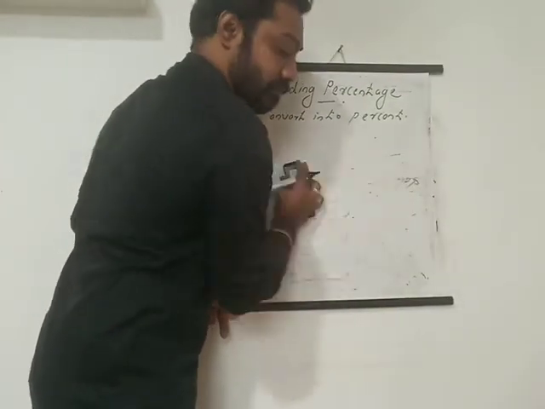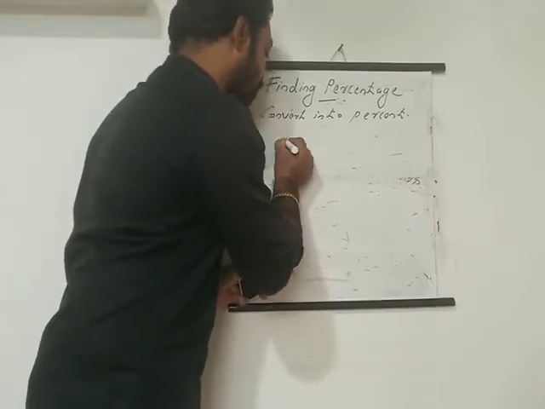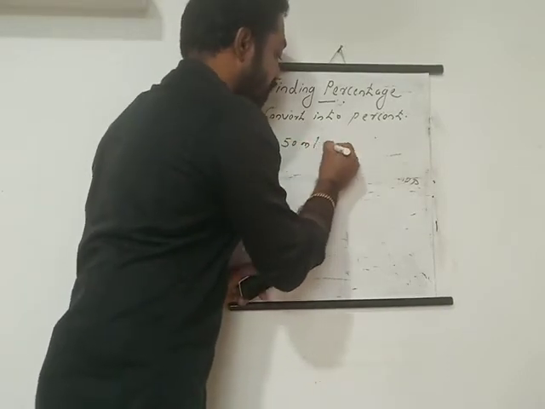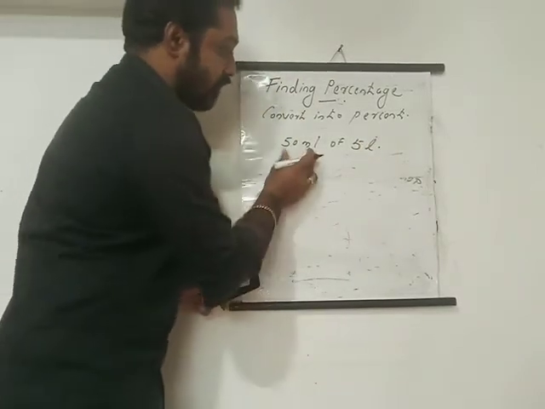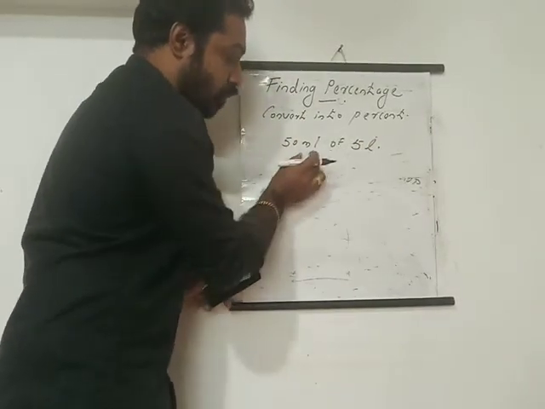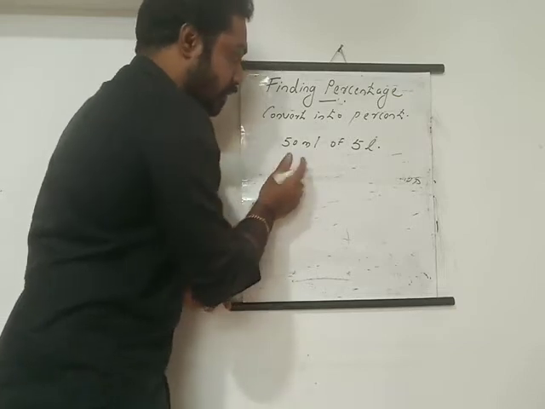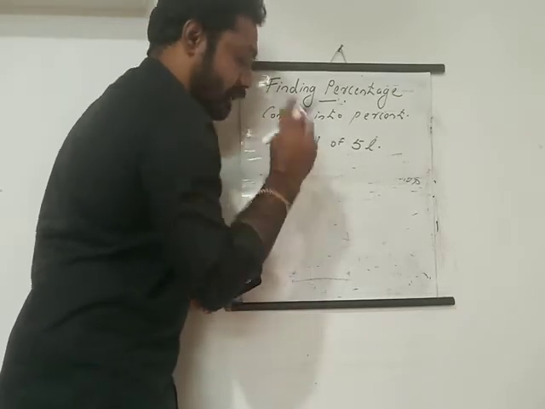Next thing, 50 ml of 5 liter. Here both are different units. So if you write 50 divided by 5, it is wrong.